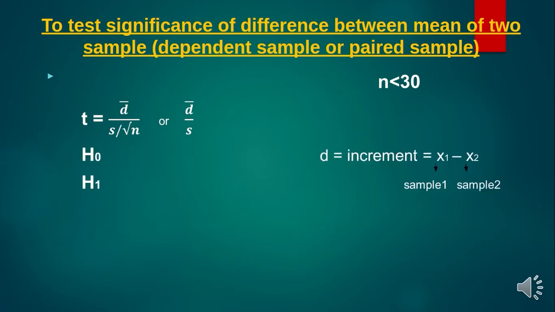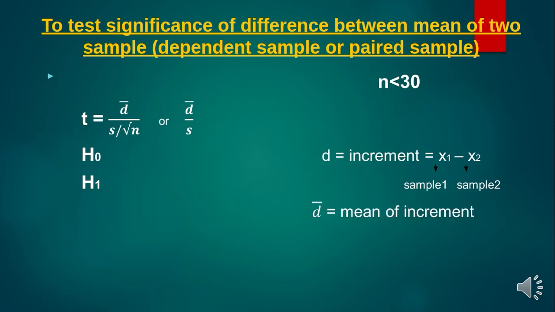To find the increment or difference between two samples, we have d is equal to x1 minus x2, where x1 is sample 1 and x2 is sample 2.